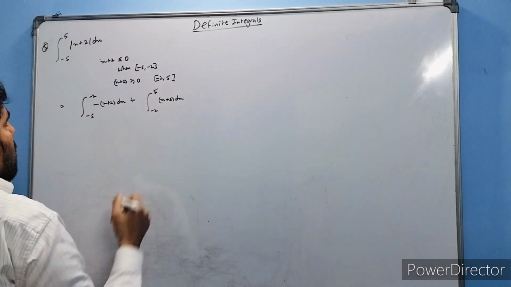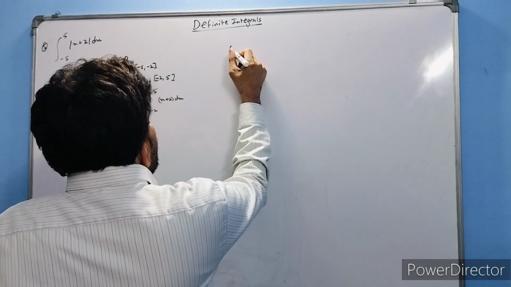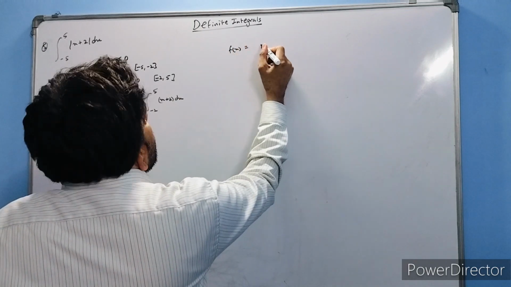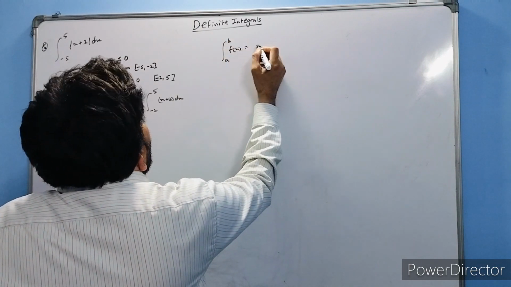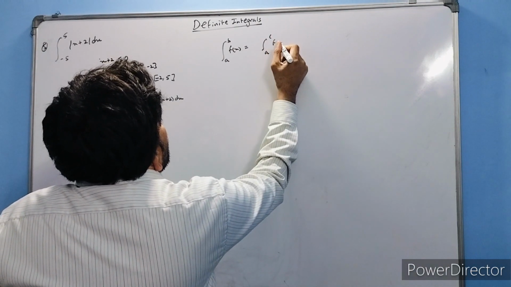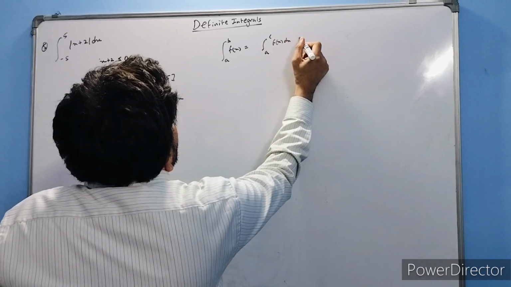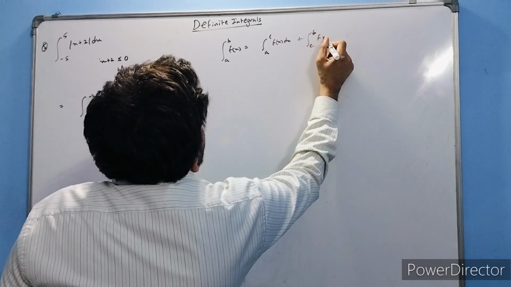Now I have applied the property that the integral of f(x) from a to b is the integral from a to c of f(x) dx plus the integral from c to b.